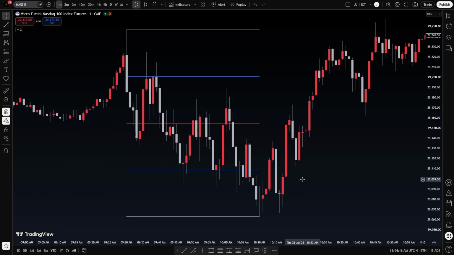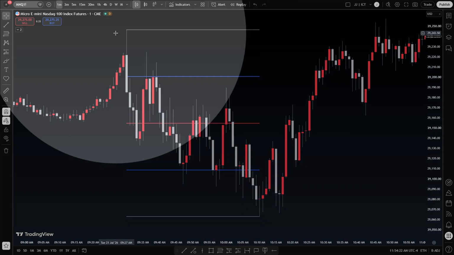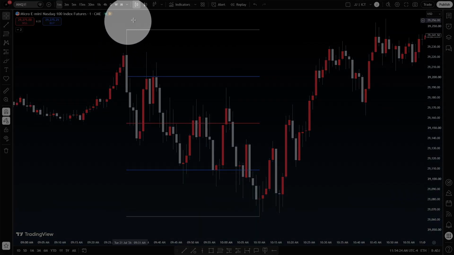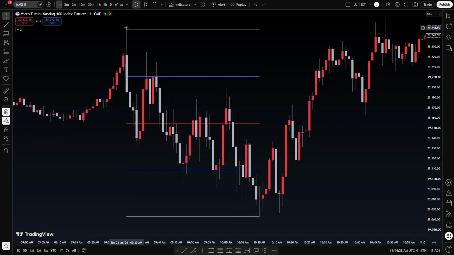Listen to me very, very carefully. From wherever you are targeting, for example, you're targeting here, you would get your target and drag the range from your target all the way to the deepest point of price where it reverses and then from that point on goes to your target.